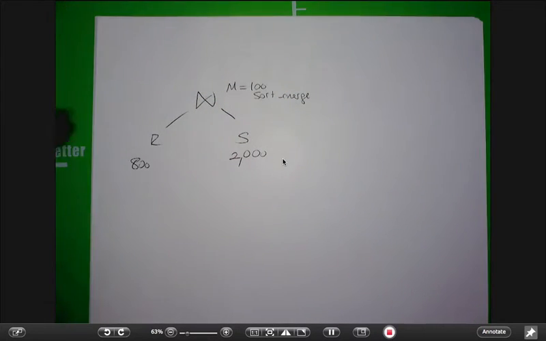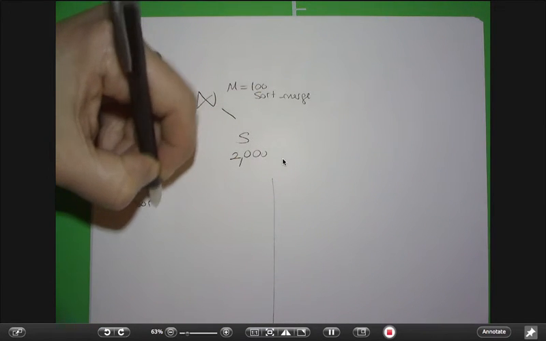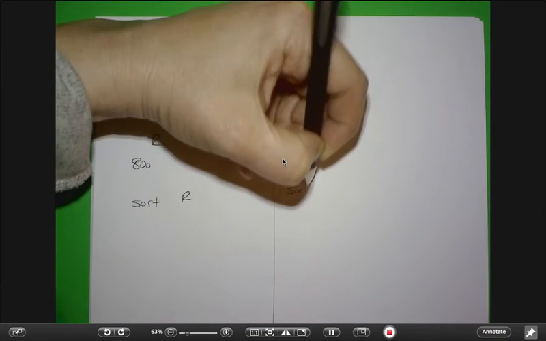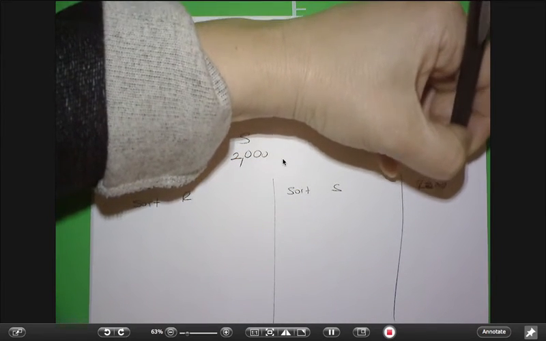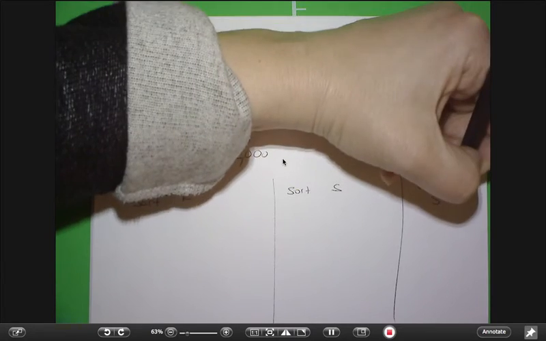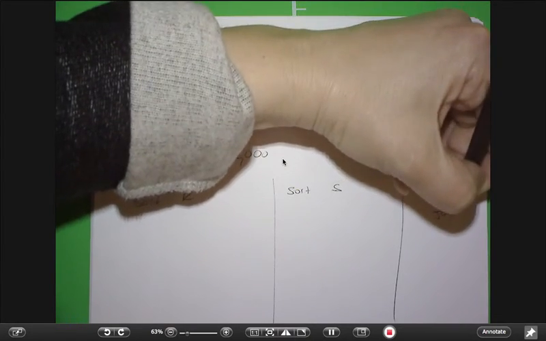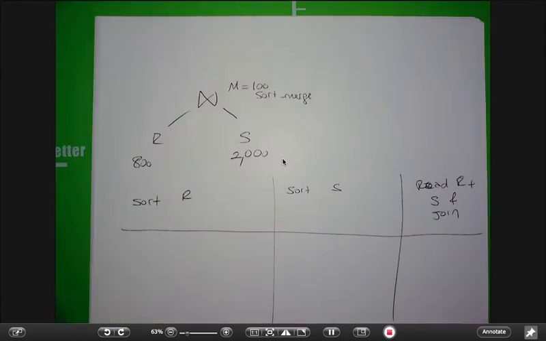So what sort merge join will do is sort R, sort S, and then read R and S and join. This is generally how we see sort merge join.